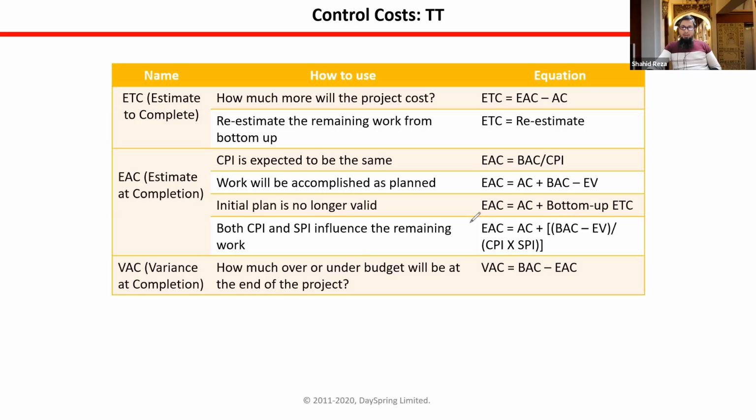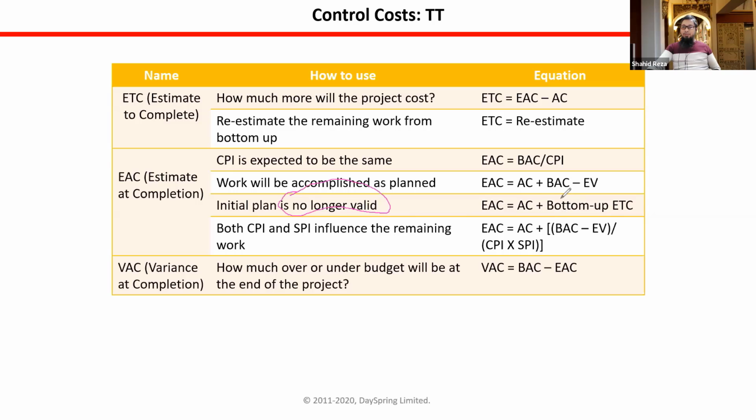So the third one is when the initial plan is no longer valid. If the scenario looks like that, the initial plan that you made for $200 will not be maintained, then you can use this formula.